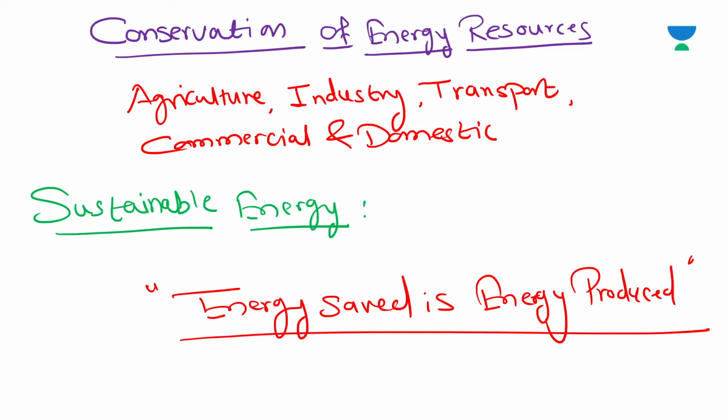After the conventional sources, we have discussed non-conventional sources of energy like nuclear or atomic energy, solar energy, wind power, biogas, tidal energy, geothermal energy, and conservation of energy resources. So this way we have covered the minerals and energy resources.